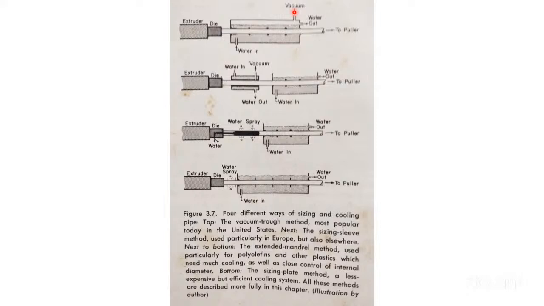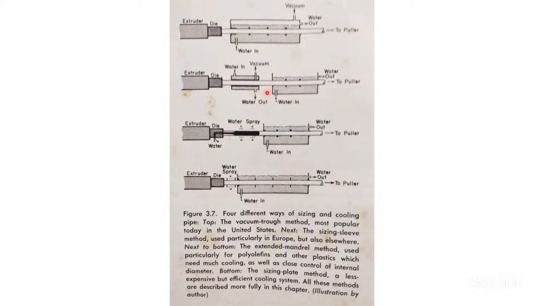If we apply the vacuum here, what will happen? There is vacuum pressure here, and therefore the pipe will not collapse inside. See the water in, water out. And see that there is a vacuum on this water. This is 20% empty. The tank is not completely full here. It is a caterpillar.